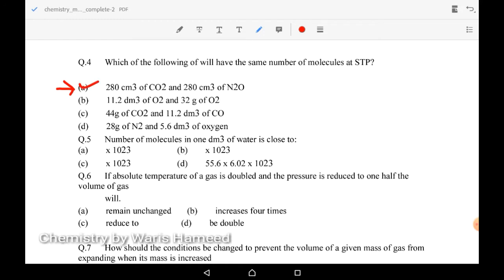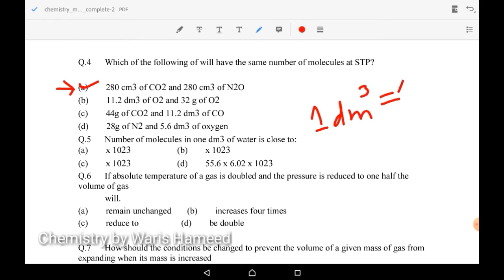Next MCQ number 5: the number of molecules in 1 dm cube of water is close to? Here the questioner is asking about 1 dm cube of water. We know that 1 dm cube is equal to 1 kilogram.